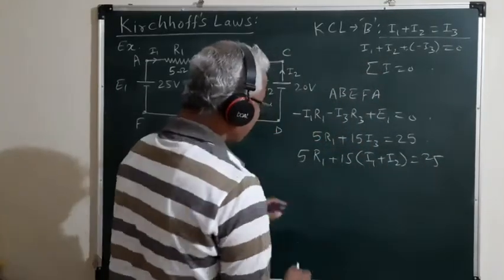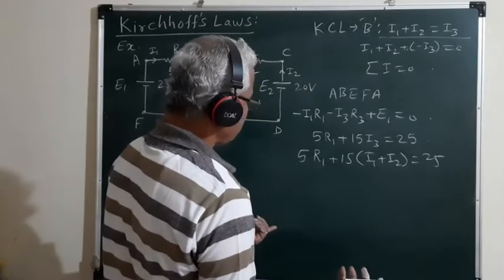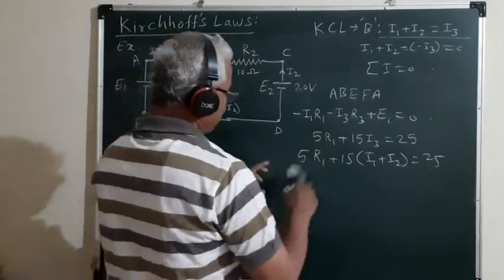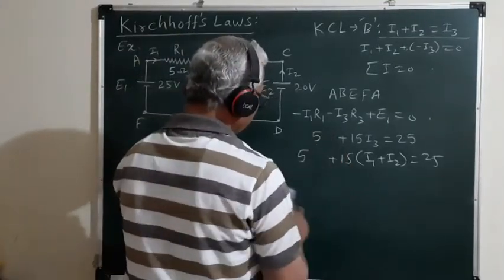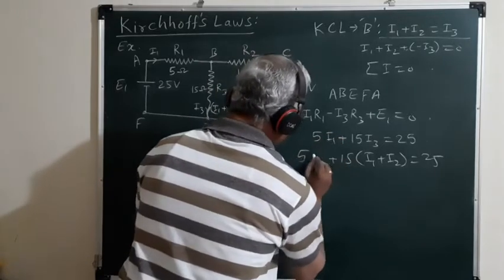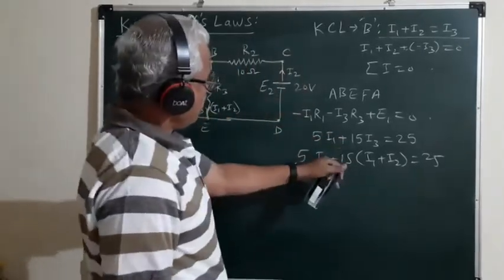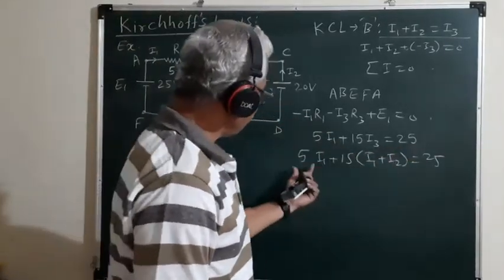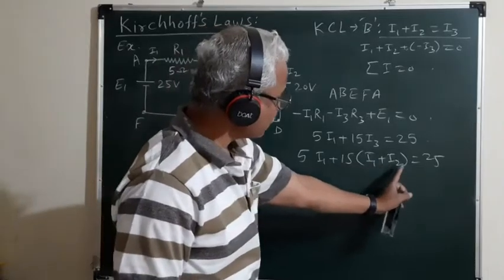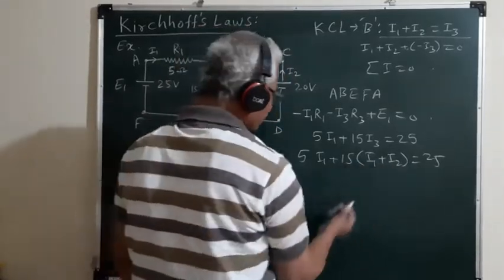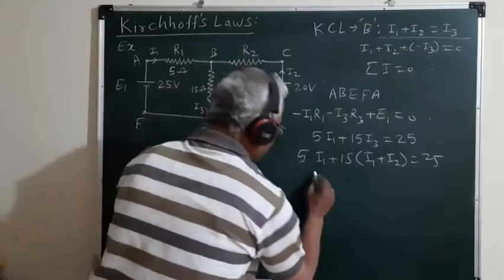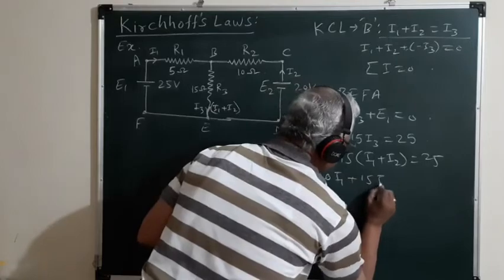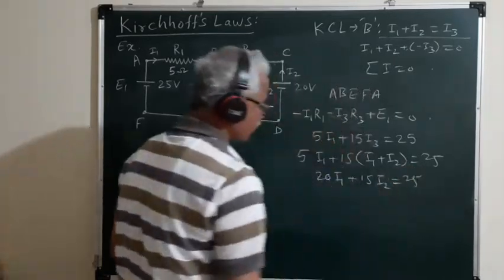So if we open up this bracket, this should be I1 here, not R1. Should be 5 I1. R1 is 5 ohm, so it is 5 I1 plus 15 I3 is equal to 25, or 5 I1 plus 15 into bracket I1 plus I2 is equal to 25. If we open up this bracket, 5 I1 plus 15 I1 is 20 I1 plus 15 I2 is equal to 25.